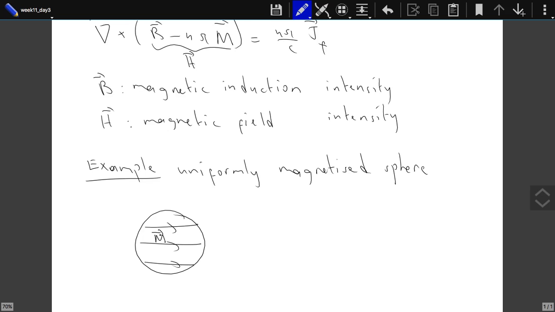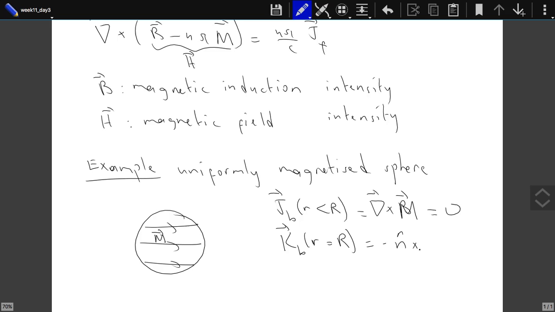Instead of this magnetization, we can just use the corresponding bound current J_B. Inside our sphere, this is curl of M, but M is constant, so the curl is 0. There is a surface current, which was minus n cross M.